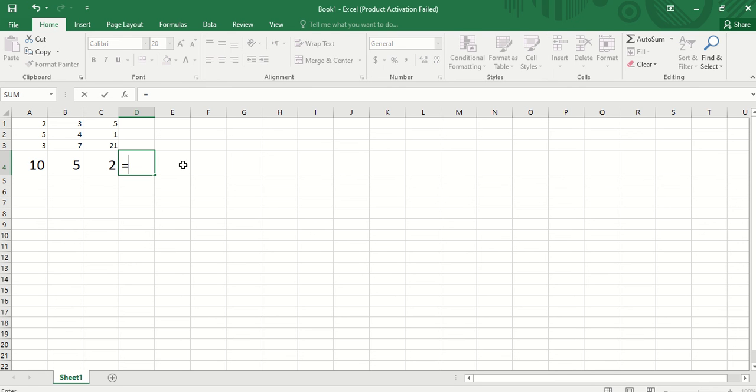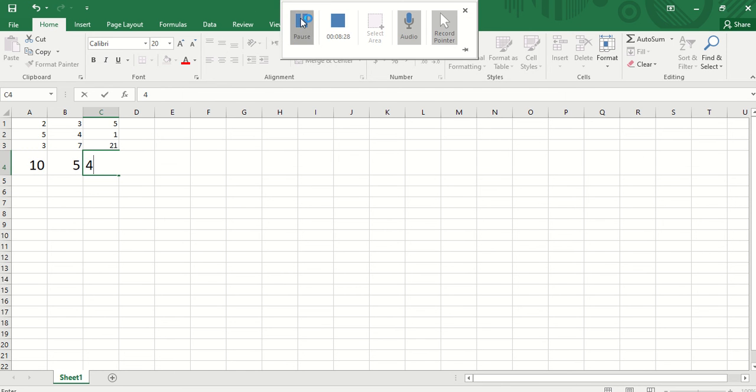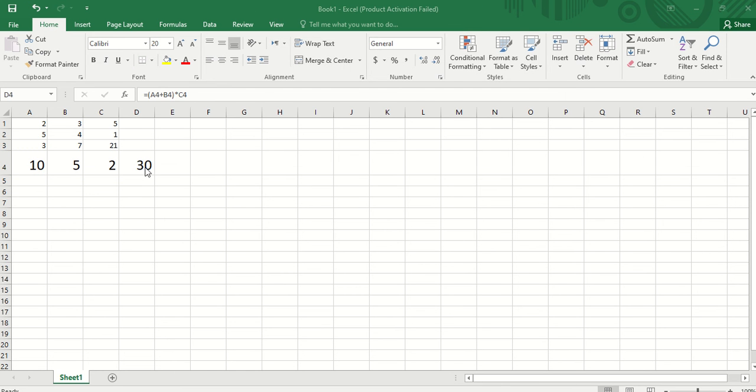Then, because we have to make two calculations, the first calculation I write in the bracket, this plus this. After that I multiply with C4. So you can see the answer there is 30.